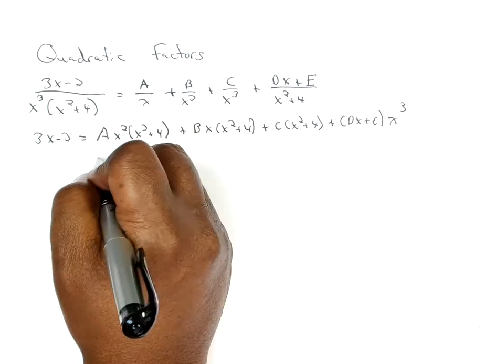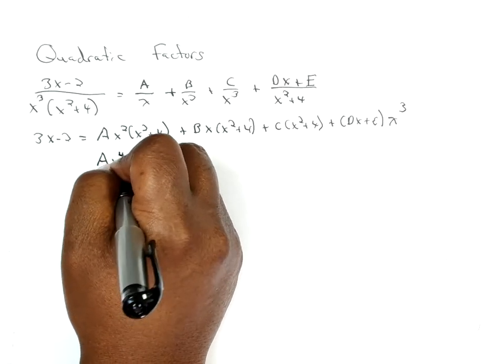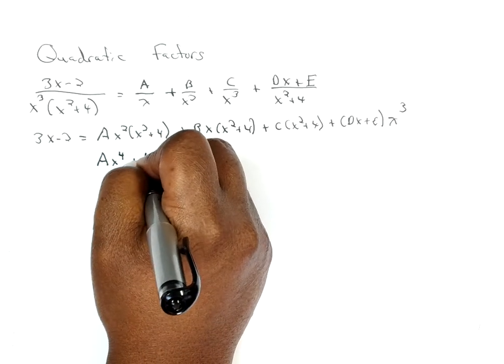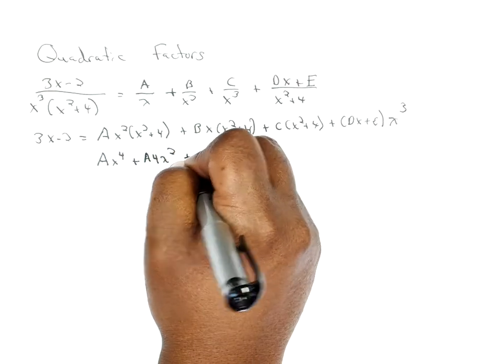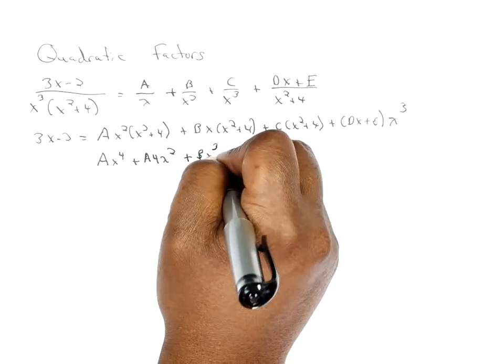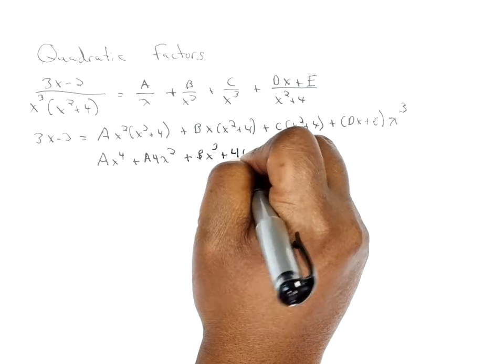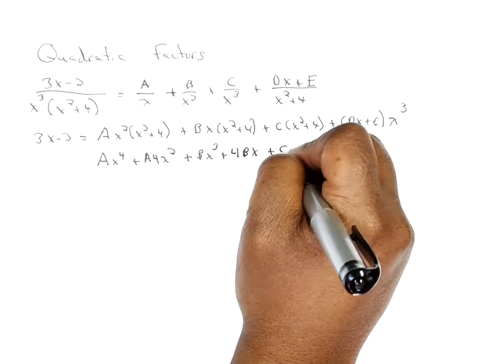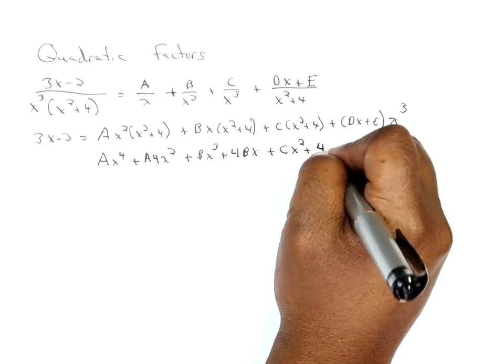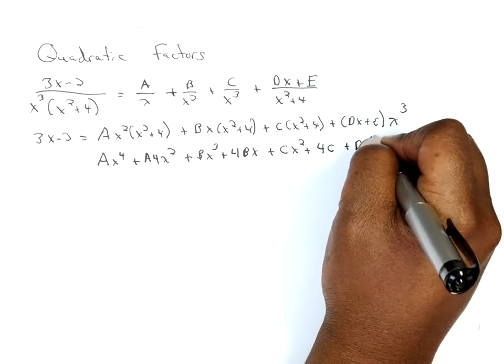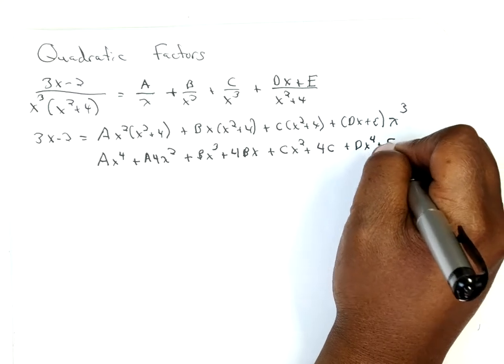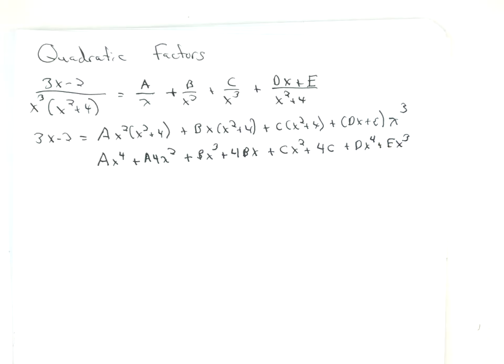So distributing here, I get a x to the 4th plus a times 4 times x squared plus b x cubed plus 4 times b times x plus c x squared plus 4c plus d x to the 4th plus e x cubed.